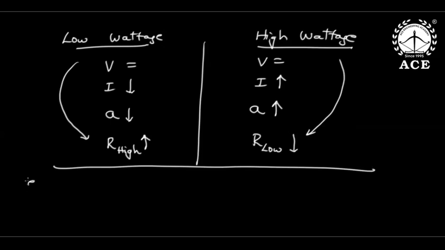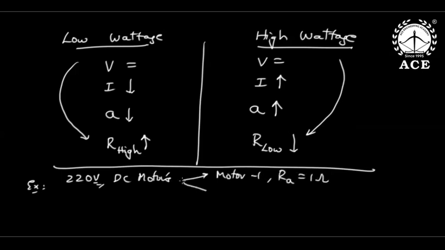For example, let us say there are 220 volt DC motors, where motor 1 armature resistance is 1 ohm, and motor 2 armature resistance is 0.2 ohm. Which is high wattage or high horsepower?